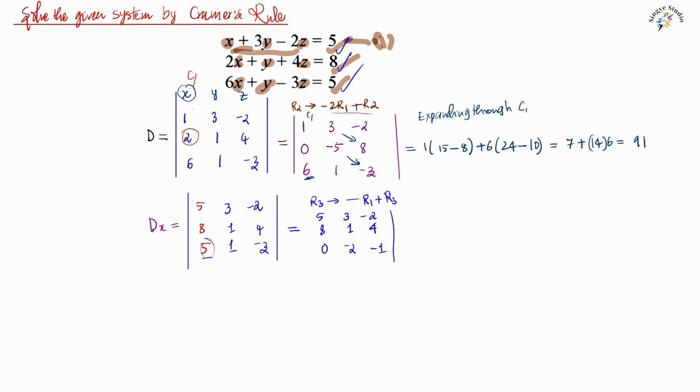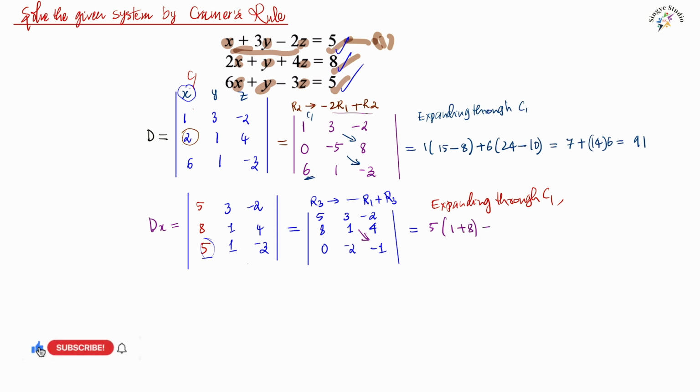So this is the modified values of a determinant, and now we have to evaluate this, and we'll expand through C1 again. We will get 5 times, this one is positive 1, and minus of minus 8, right? So we'll get plus 8.